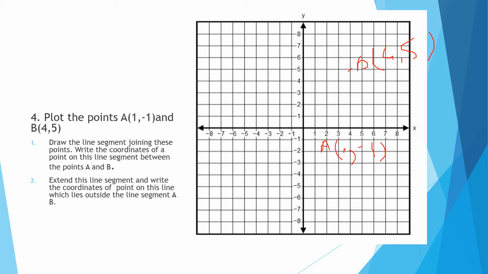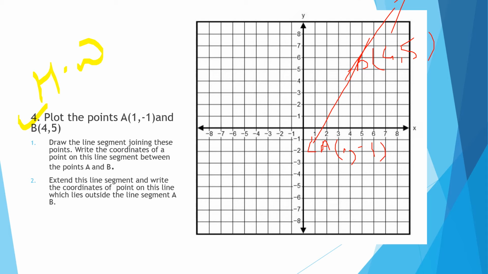Now come to the first part. Draw the line joining these points. First you join these 2 points, AB. Write the coordinate of a point on this line segment between the points A and B. This question I am giving you as homework because when you draw it neatly in your graph copy, it will be easy for you to write down a coordinate.